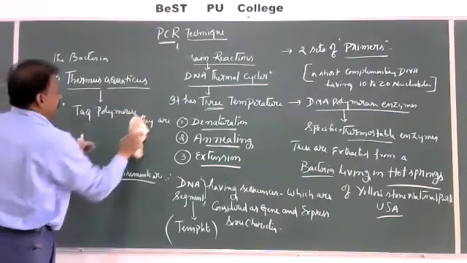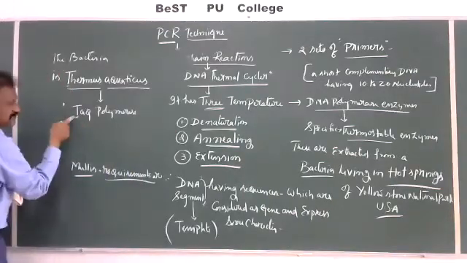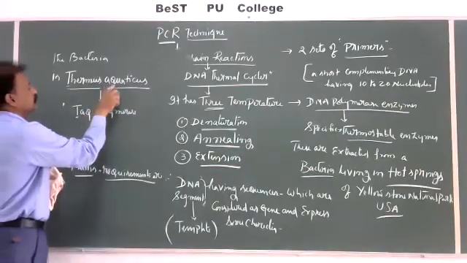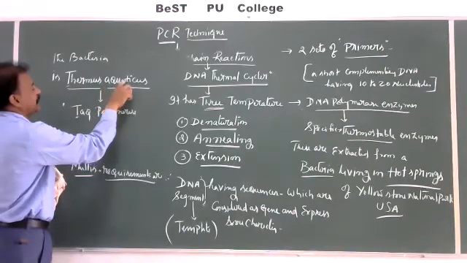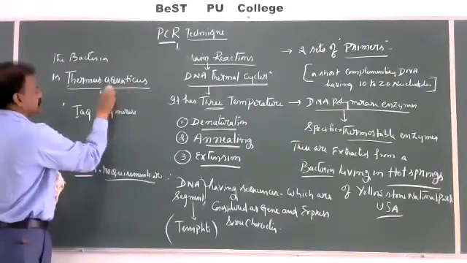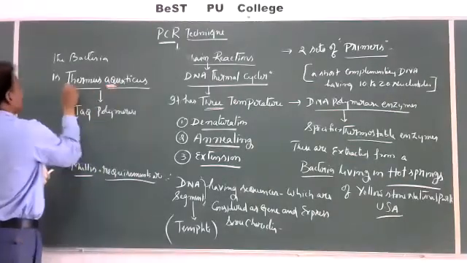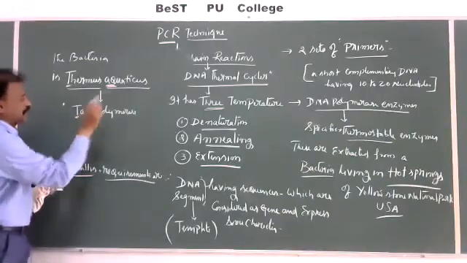In the nomenclature, we have seen the first letter from the genus, that is Thermus, T. The next two letters come from the species, aquaticus, A-Q-U-A-T-I-C-U-S, the first two letters. So first letter of the genus and first two letters of the species: Taq polymerase.